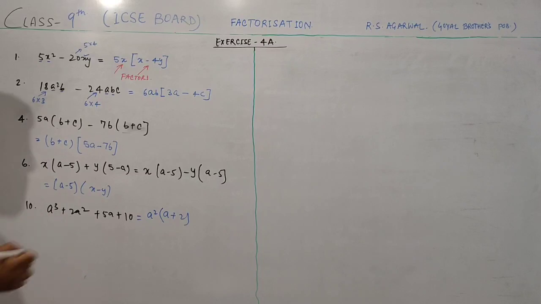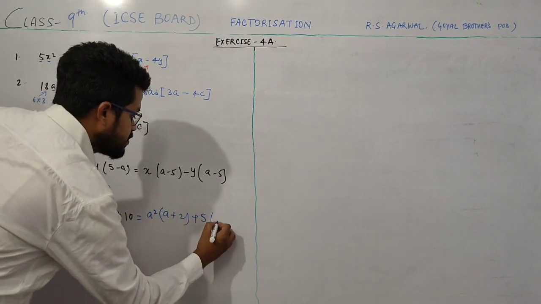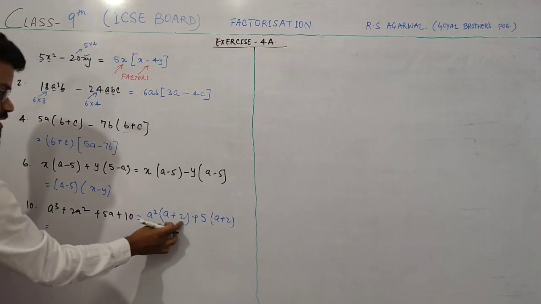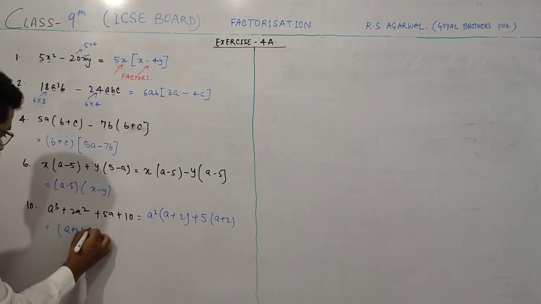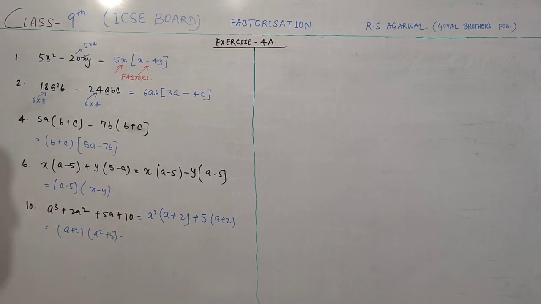If I take common 5, this is also a plus 2. Now again this is a plus 2 and this is a plus 2. If I take common a plus 2, the remaining is a square plus 5. Okay, this is question number 10.